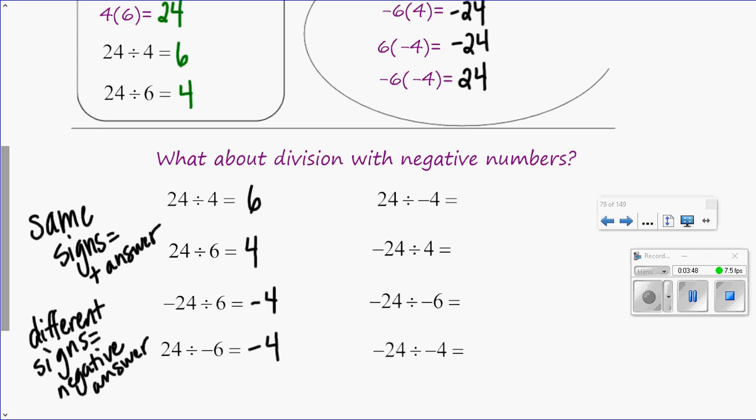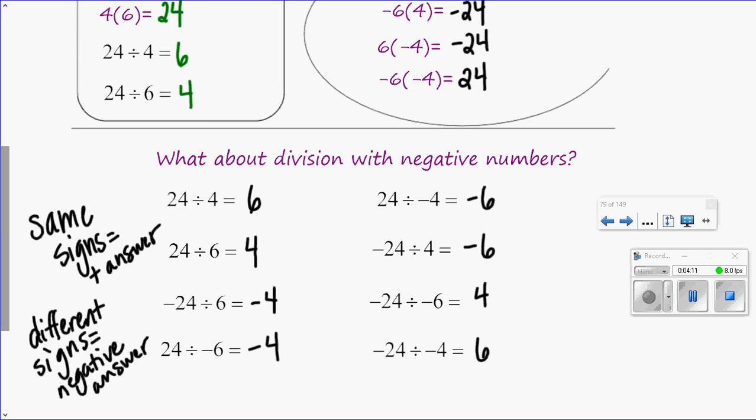Okay, so go ahead and try those last 4 and then unpause it and see how you did. Okay, different signs, negative answer, different signs, negative answer. Same signs because a negative divided by a negative is a positive answer. Same thing here, positive answer. Okay, hopefully that was not too bad.